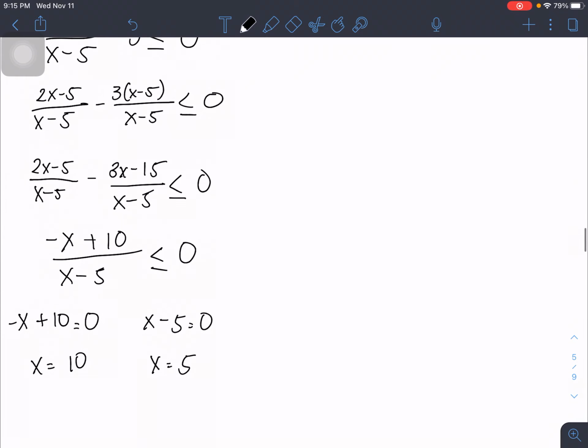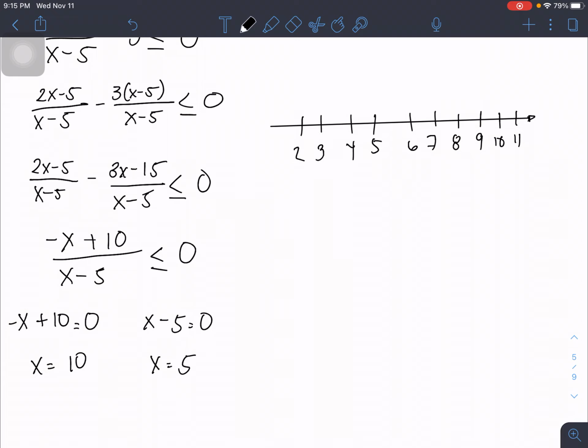So I'll be drawing a number line. So 10 and 5. I think I'll be using 11. Then I'll draw a borderline at 5 and at 10.